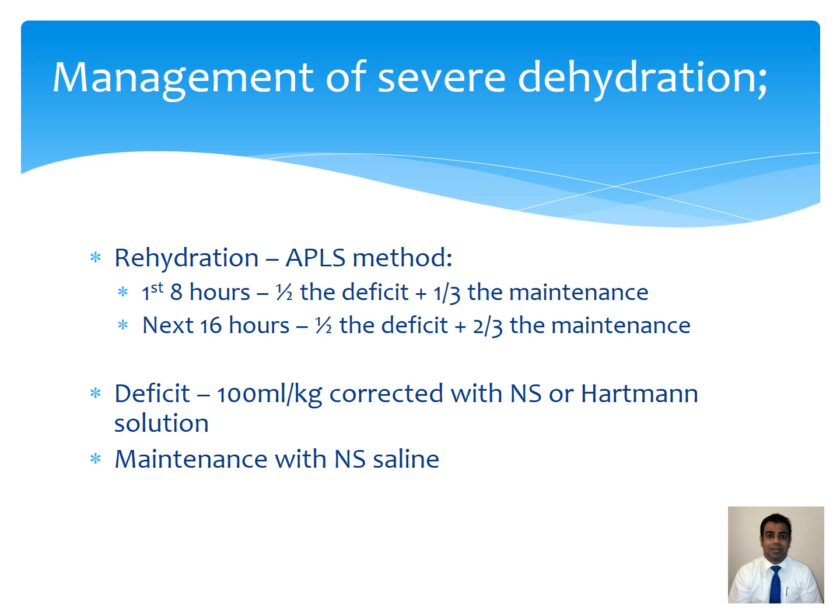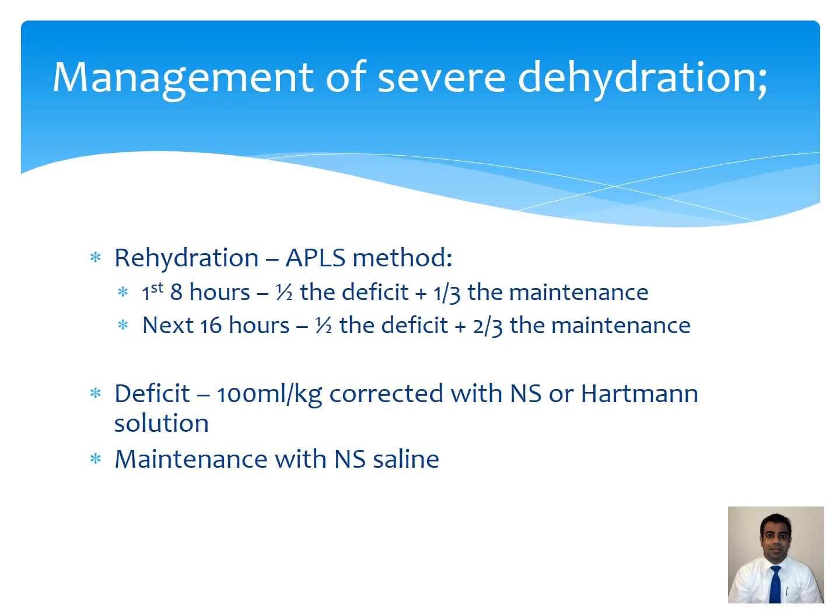I'll give you an example to clarify this. In the next 16 hours you correct the other half of the deficit as well as the subsequent 2/3 of the maintenance. So in essence, what you're really doing is giving half the deficit over the first 8 hours, and the second half of the deficit is corrected over the subsequent 16 hours.